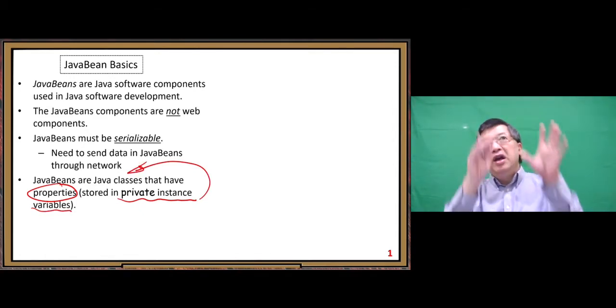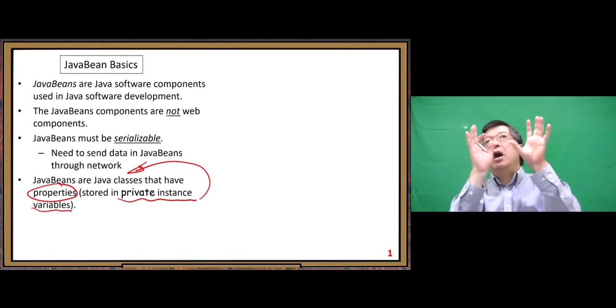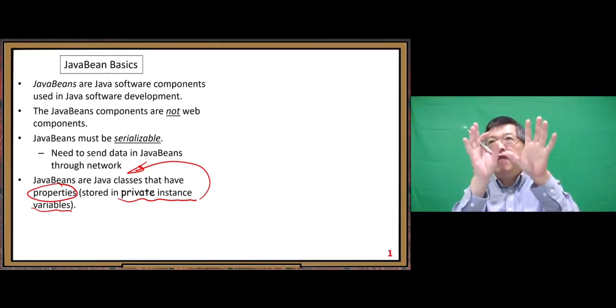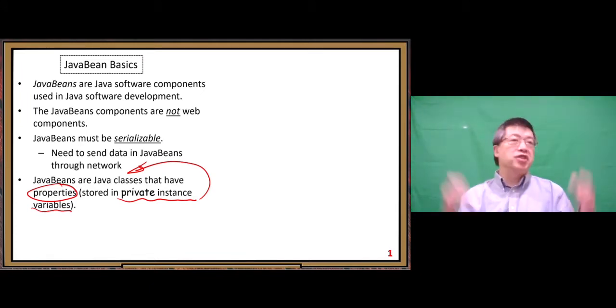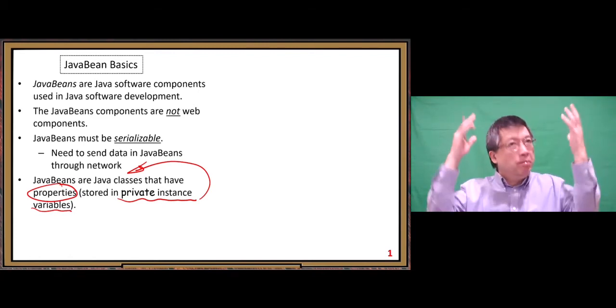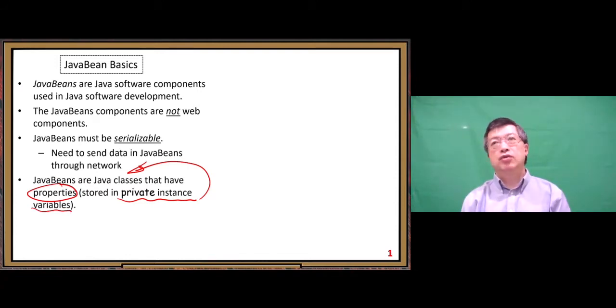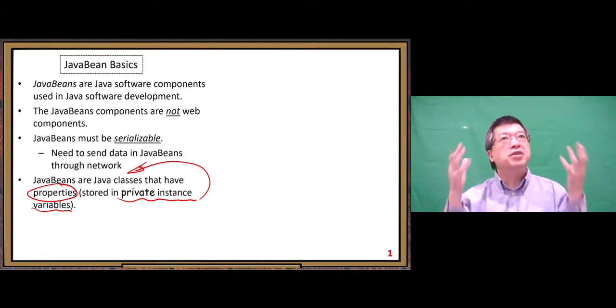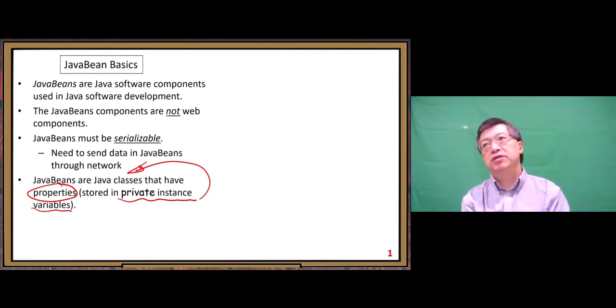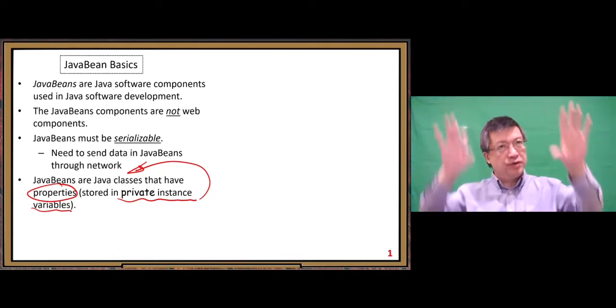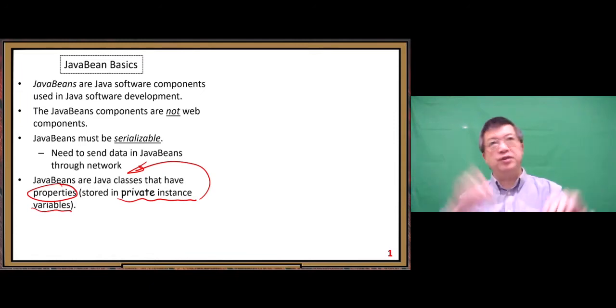So JavaBeans are special Java classes. First, they're normal Java classes, but they need to follow some rules. The rules we call the JavaBean specification. There are a lot of rules in the JavaBean specification.